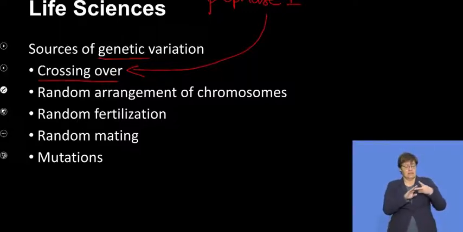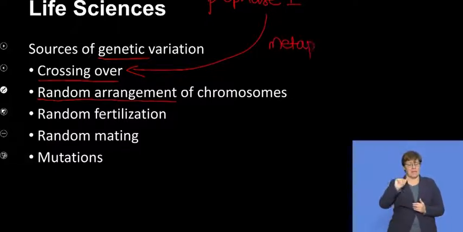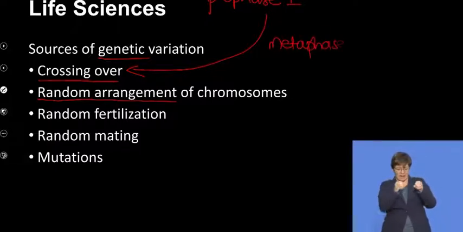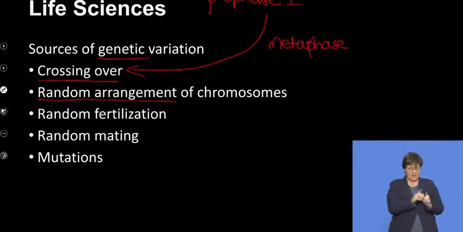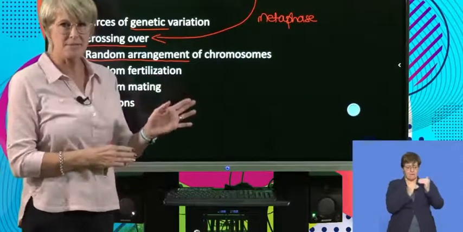The second place where genetic variation would occur is when the chromosomes line up on the equator during metaphase. In this phase of meiosis, they line up at the equator randomly. There isn't a set pattern.